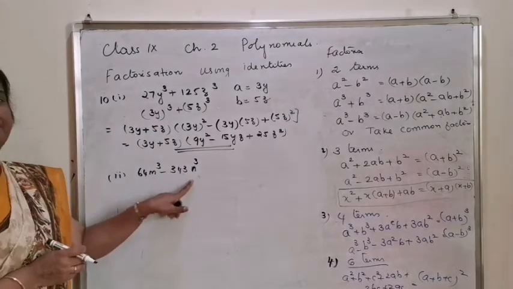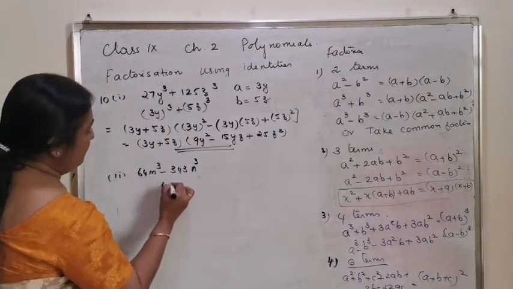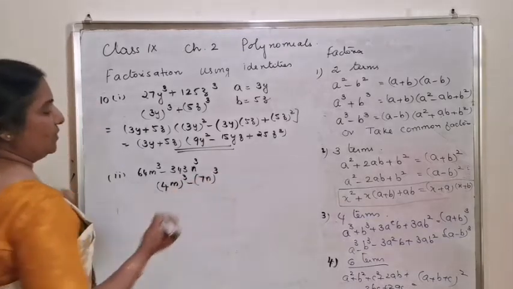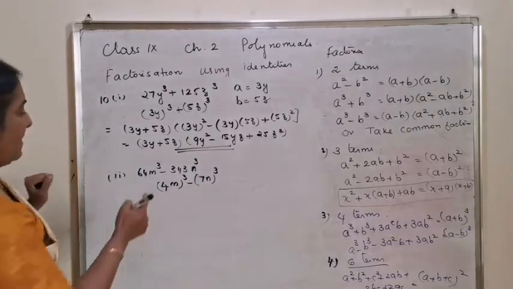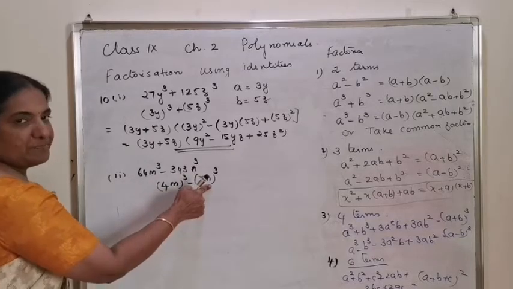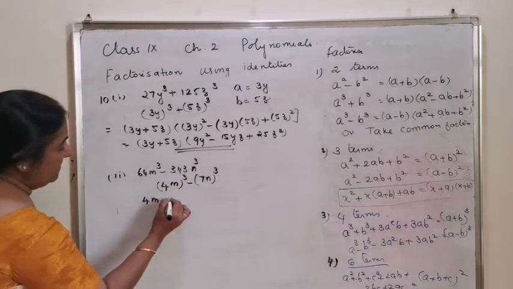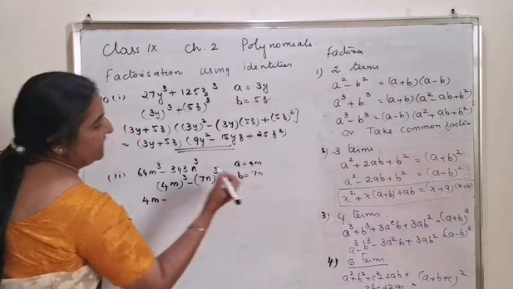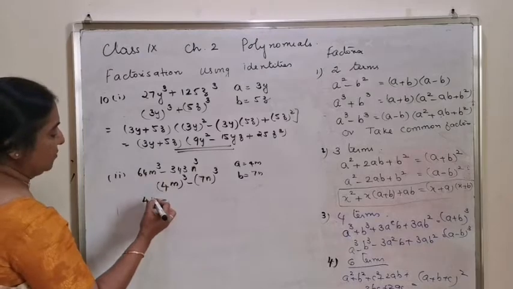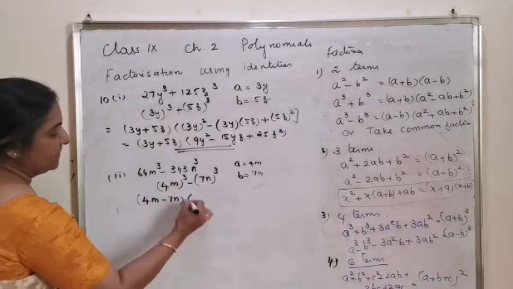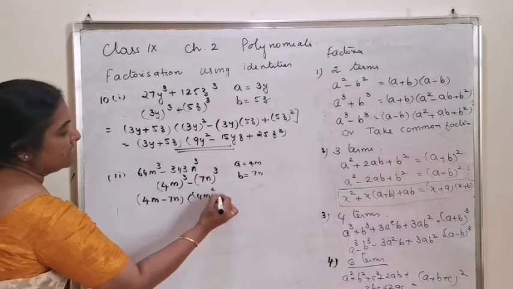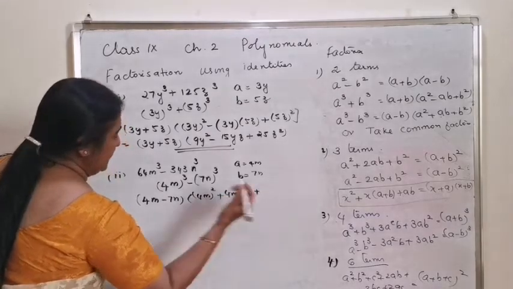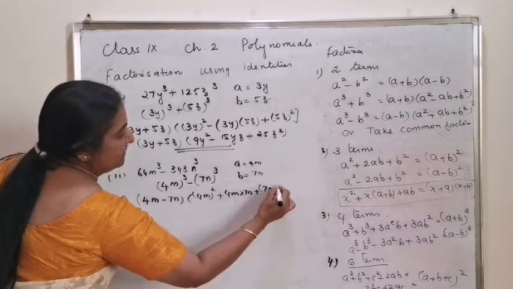a cube minus b cube can be written as (4m) the whole cube minus (7n) the whole cube. Now, with the same formula, a cube minus b cubed is (a minus b) into (a square plus ab plus b square), where your a value is 4m and b value is 7n.